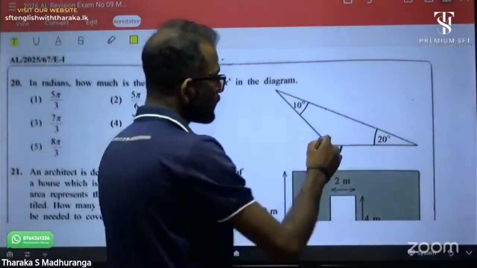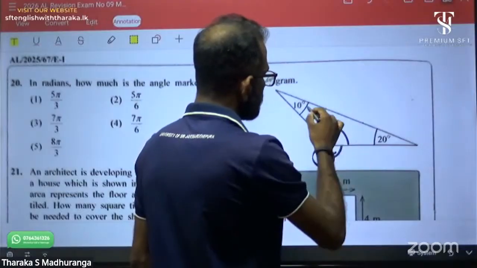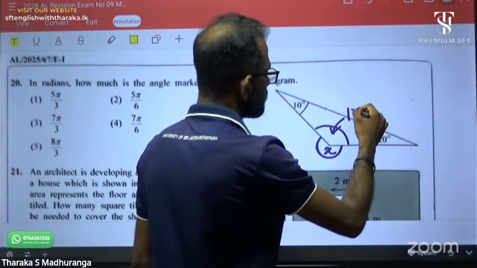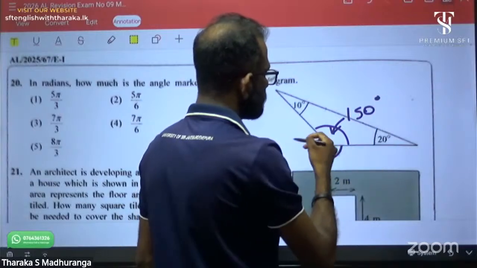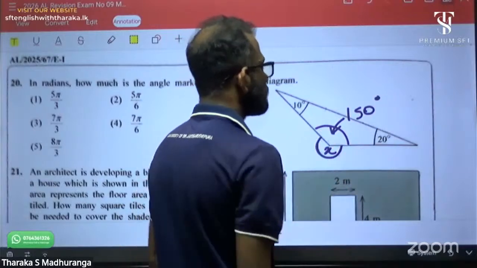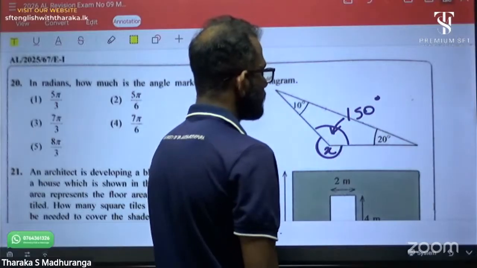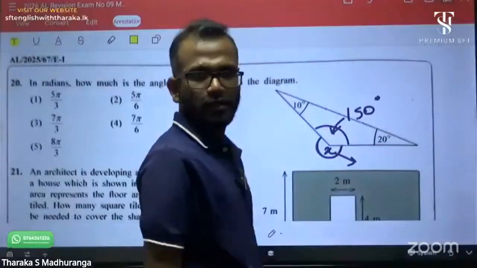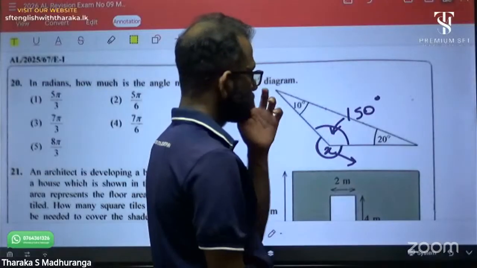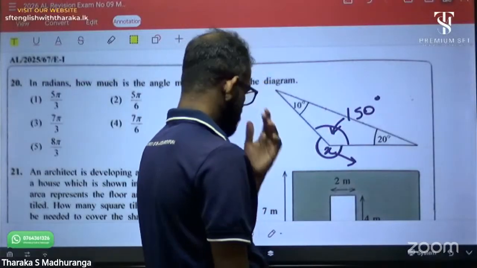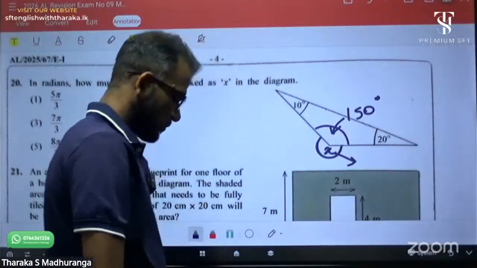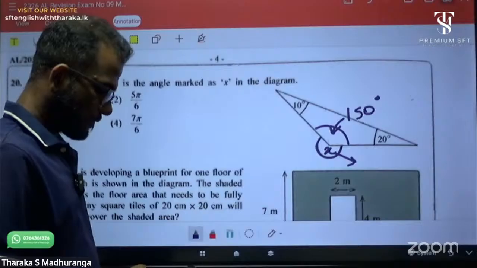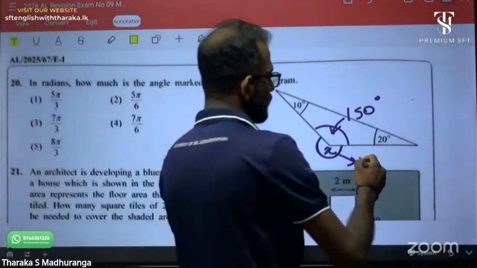First of all, you can find this one. It is 30, then this is 150 degrees. The total is 360. Then the x value should be, in degrees, 360 minus 150, which is 210.